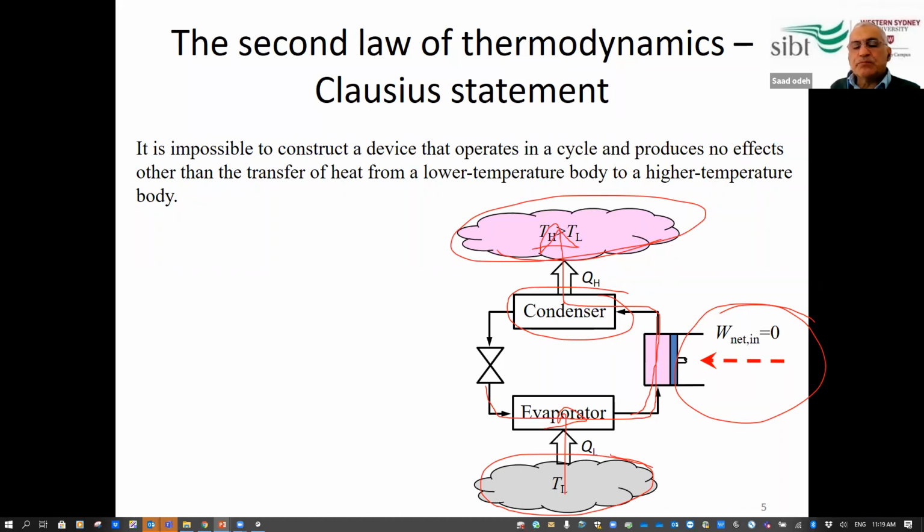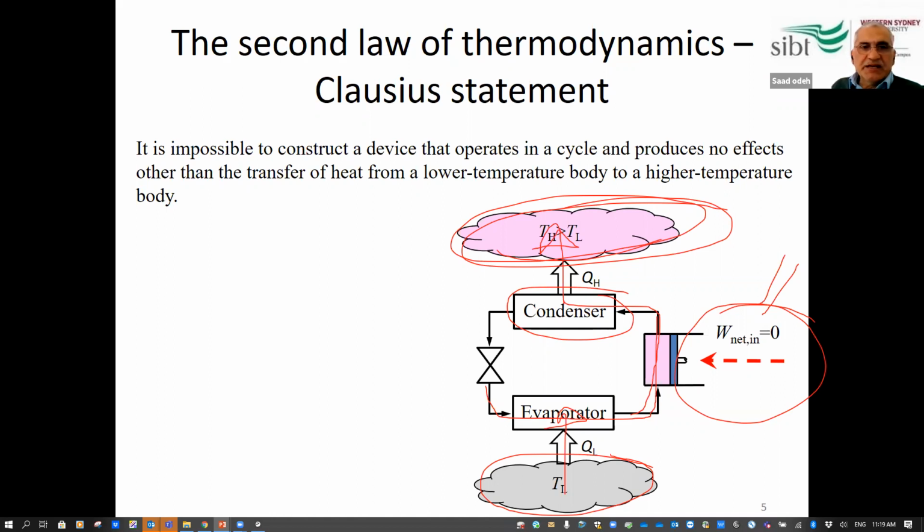In order to do this process, I have to add work. So what happens here, to complete this process, I always lose QH. QH represents loss because I'm moving the heat from one side to the other side, but I need to provide work. So this is an example of an application of the second law of thermodynamics.